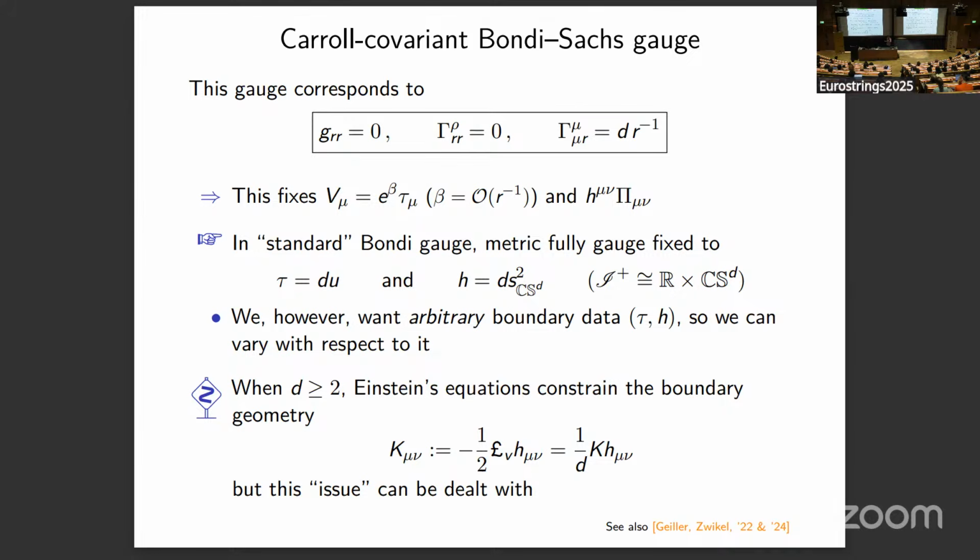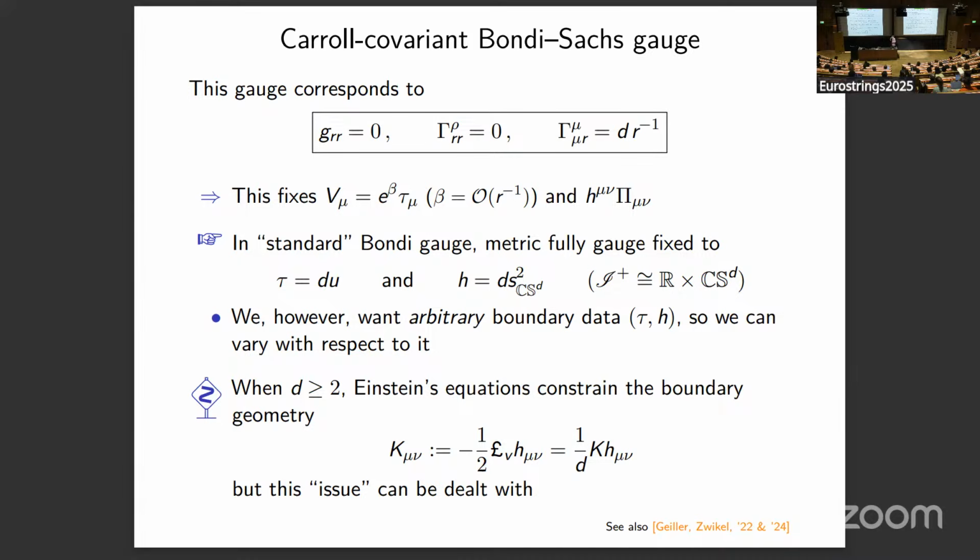But the strategy is really to fix all symmetries that we can, such that the boundary Carrollian structure remains completely arbitrary. And this is important precisely because we want to vary it so as to get a response, just like in the AdS/CFT correspondence. Normally, in order to do that, we fix these Levi-Civita connection components here in this way.